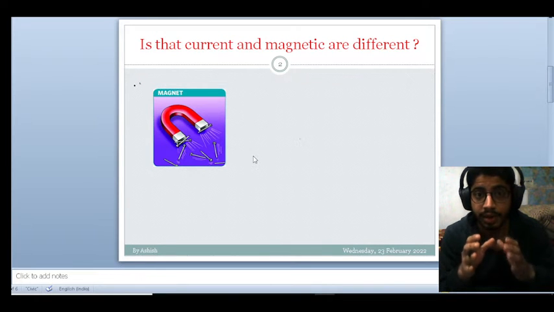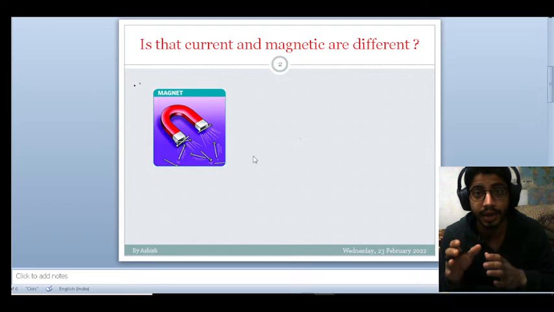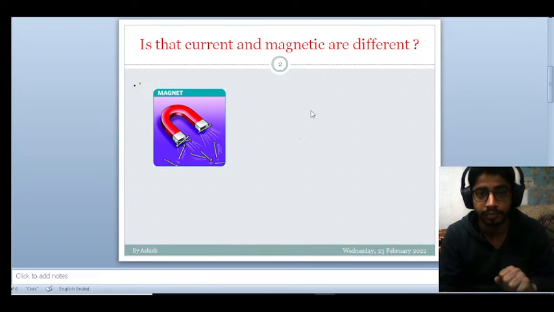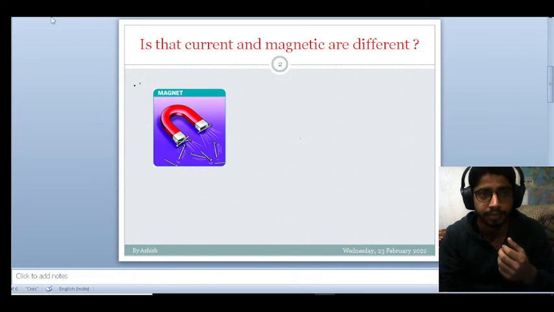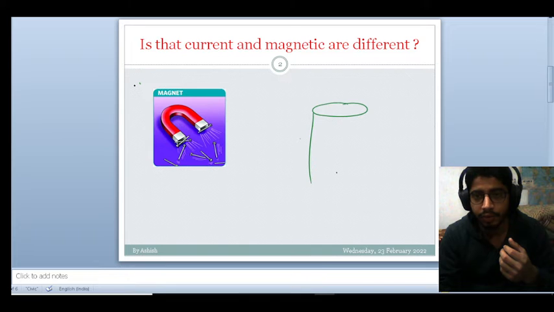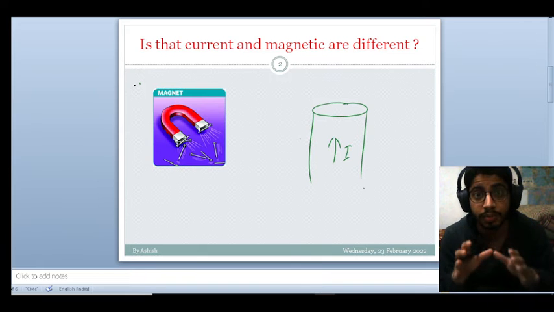A current carrying wire and a magnet are different. We all know that magnets attract iron pieces due to their magnetic properties. Similarly, if we take a current carrying wire, does it produce a magnetic field?